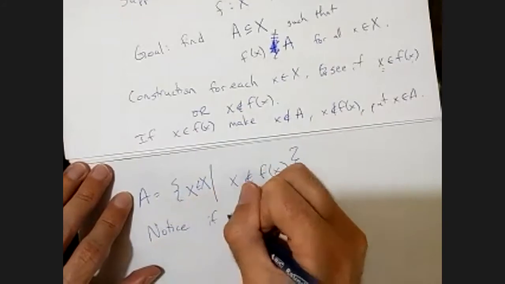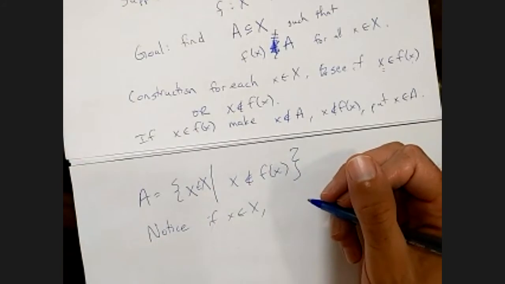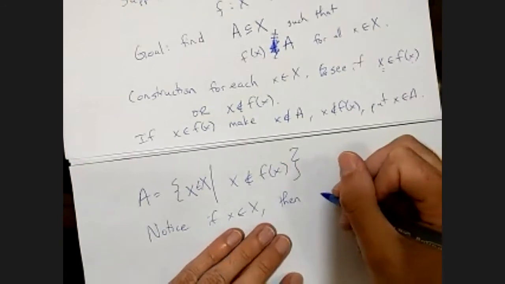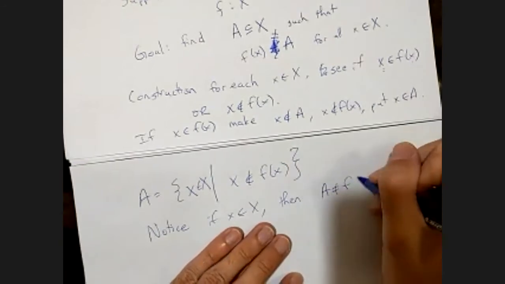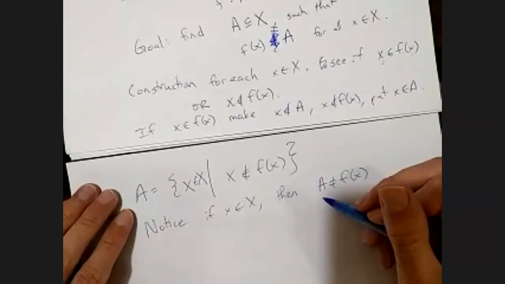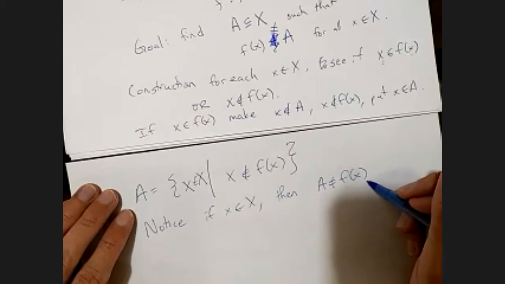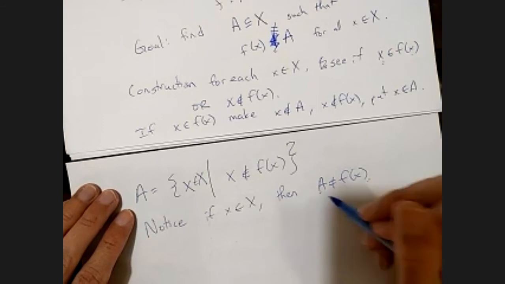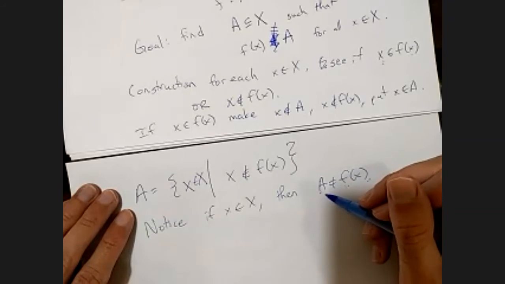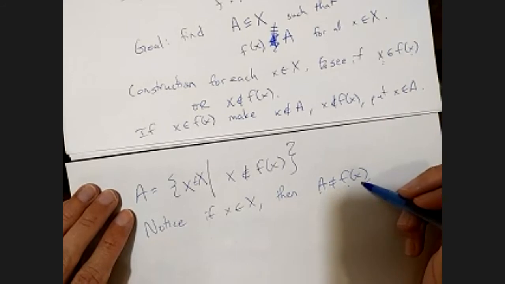And now notice that if x is an element of X, then A is not equal to f of x, right? Because if x is in f of x, then it's not in A. And if x is not in f of x, then it is in A. So there's a difference between A and f of x.